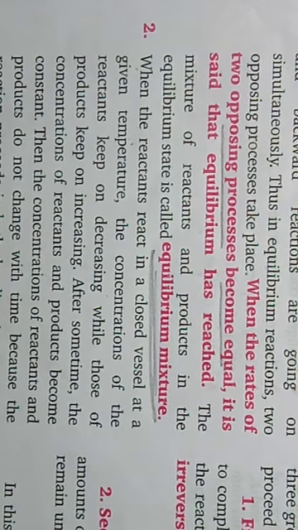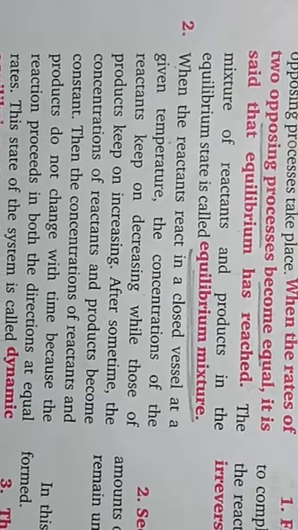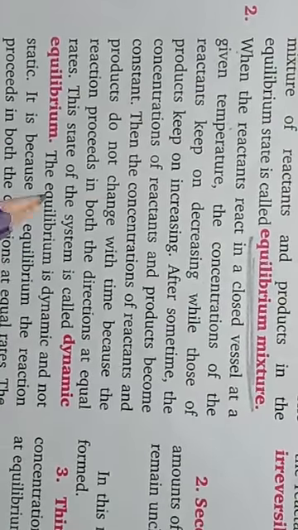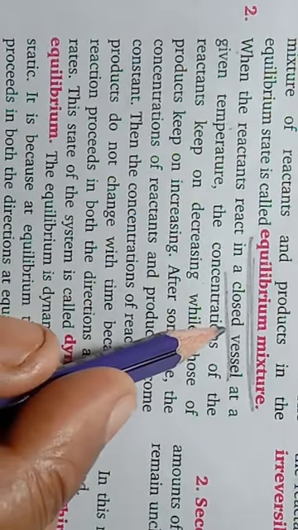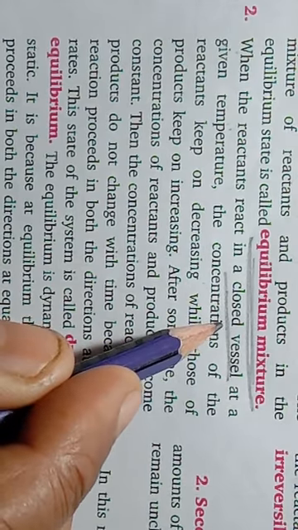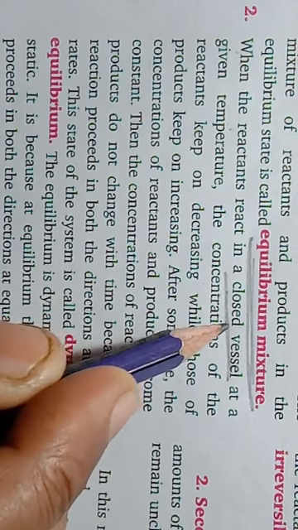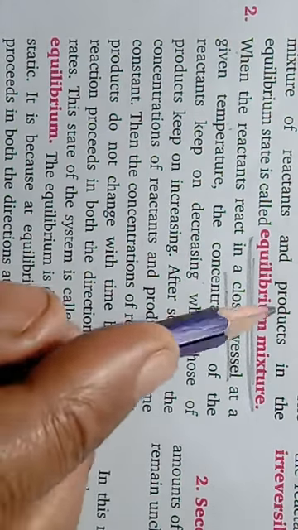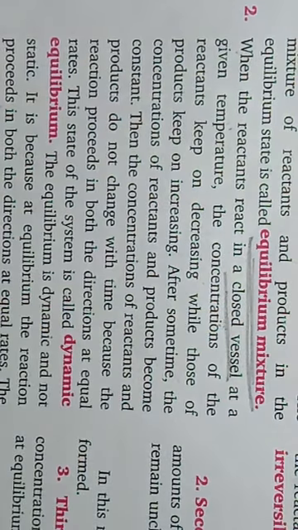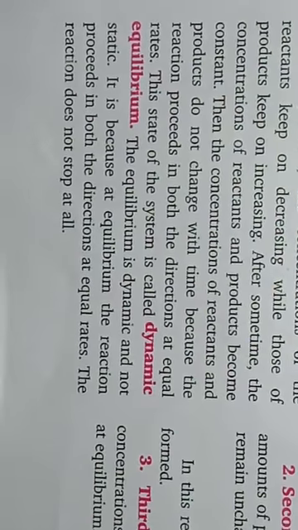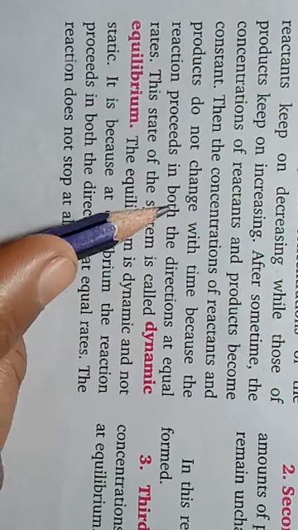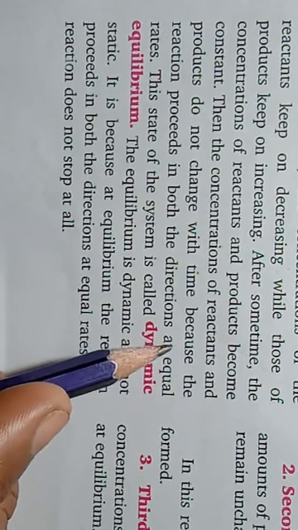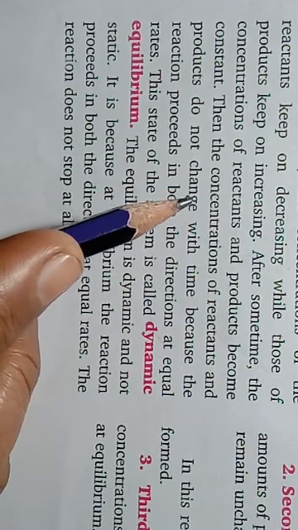Second point, in any reversible reaction which is taking place in a closed vessel, when the equilibrium has been reached, at that condition the reaction is continuously moving from forward to backward and from backward to forward direction.